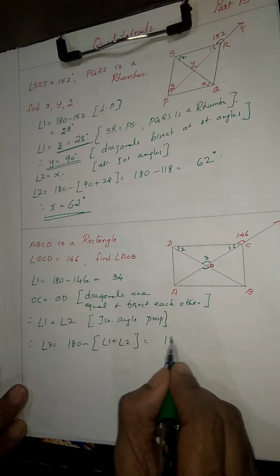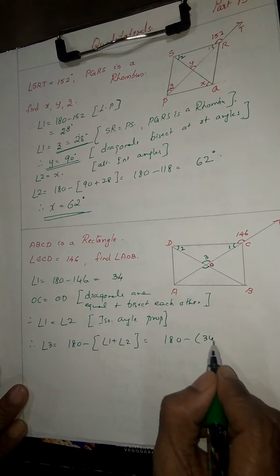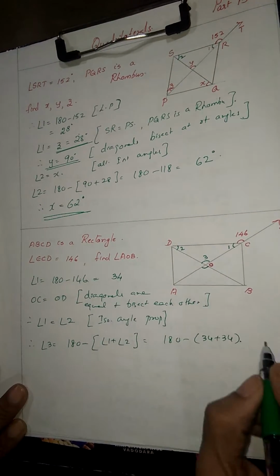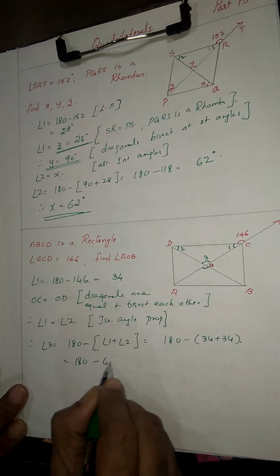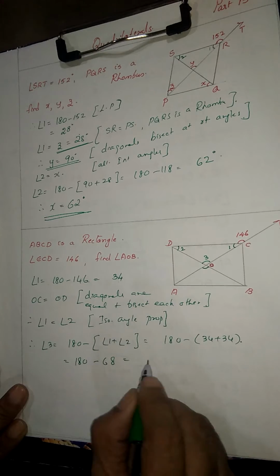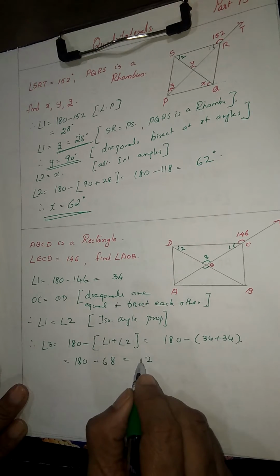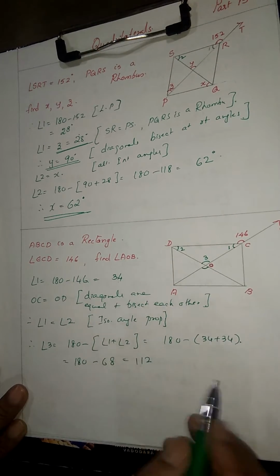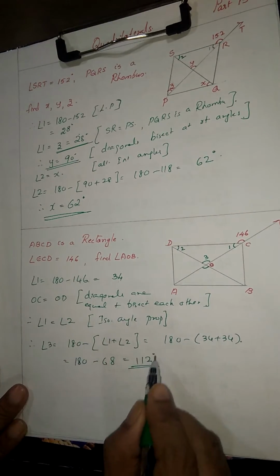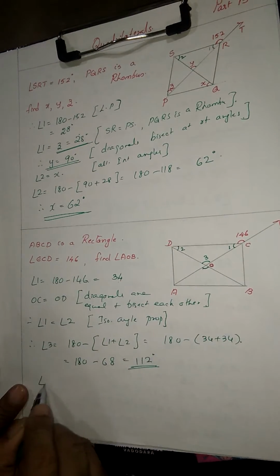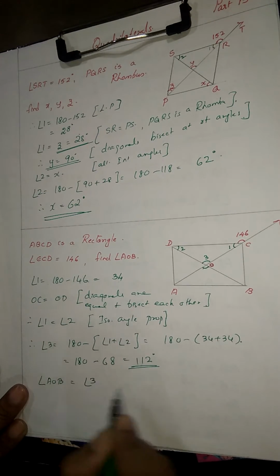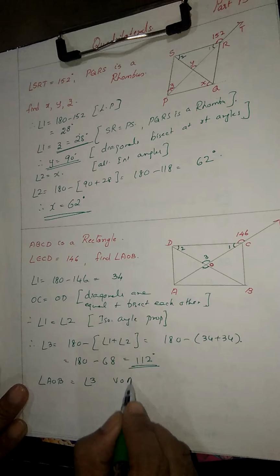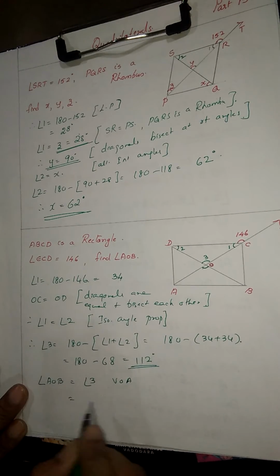So that is equal to 180 minus 34 plus 34, 180 minus 68, so it is 112. Now this angle AOB is equal to angle 3 because vertically opposite angles are equal, so it is 112 degrees.